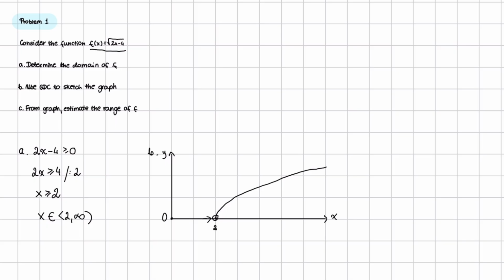It is x equals 2, however, y equals 0, and then goes to infinity, because here it goes higher, and to infinity. So our range for y is y greater or equal to 0, so y from 0 to infinity.